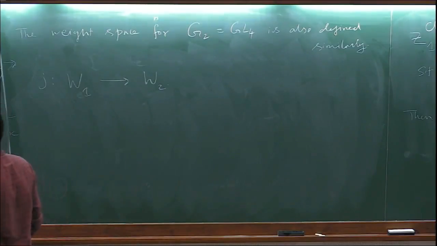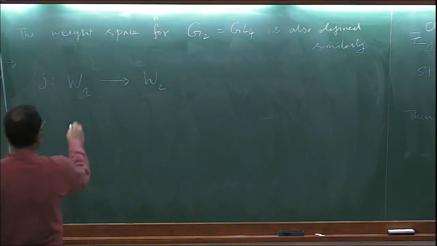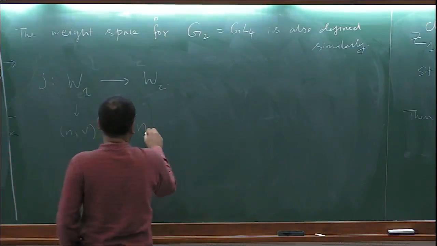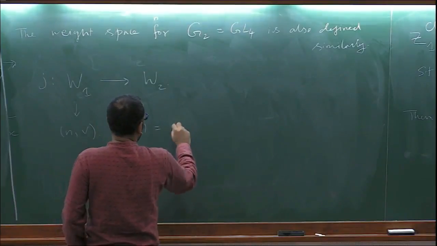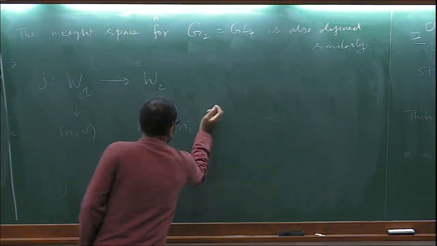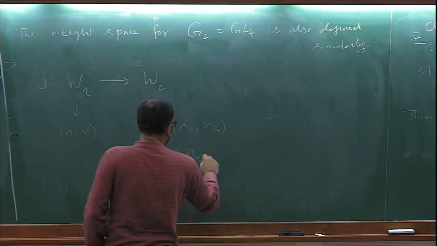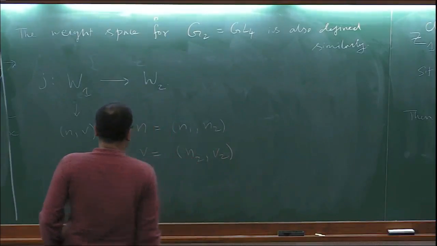I'm just going to think of this as weights of Hilbert modular forms. An element here is of the form (n, v), where n is equal to (n1, n2), and v is equal to (v1, v2).